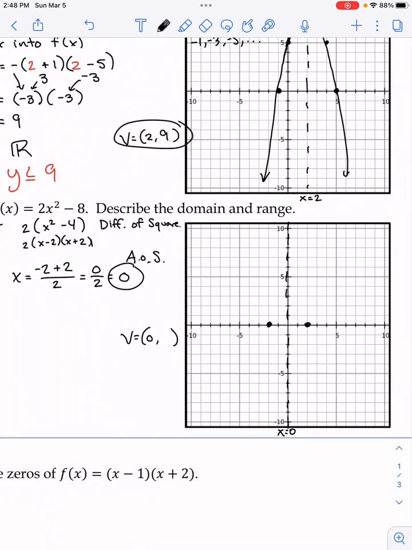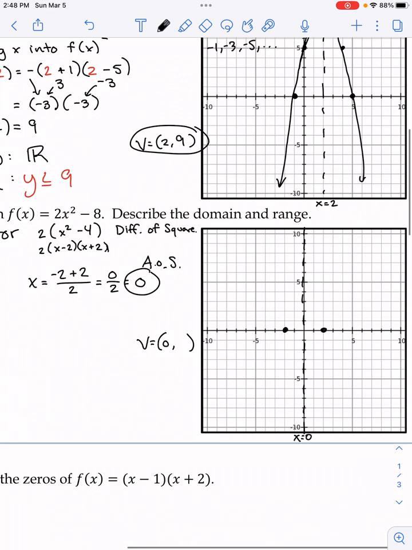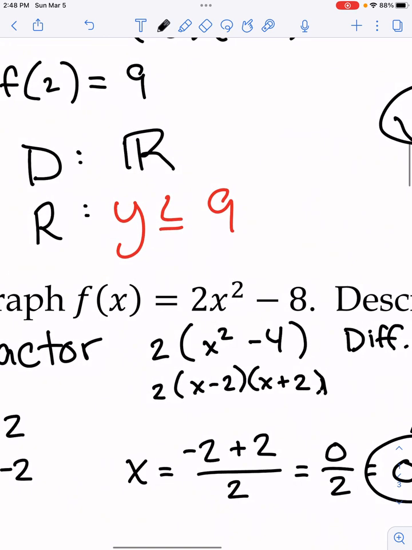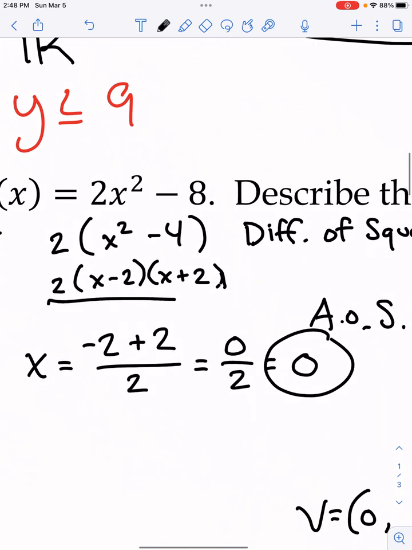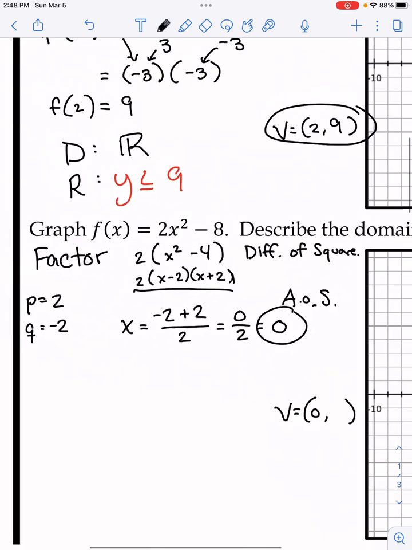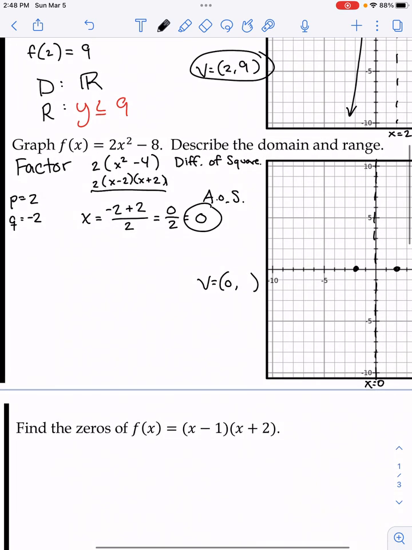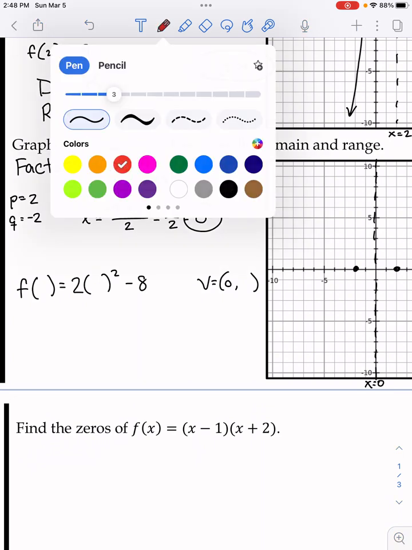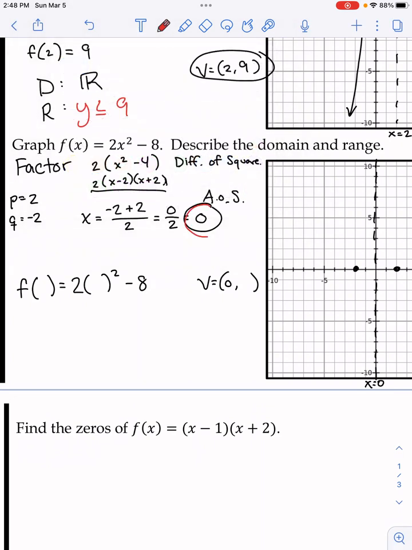Okay, and at this point, we're going to plug 0 into our original function. You can also plug it into this, but I'm just going to take the original one. So instead of f of x, I'll put f of blank. Instead of 2x squared, I'll put 2 parentheses squared, and then -8. Now let's plug it in, color coded. I'm taking 0.